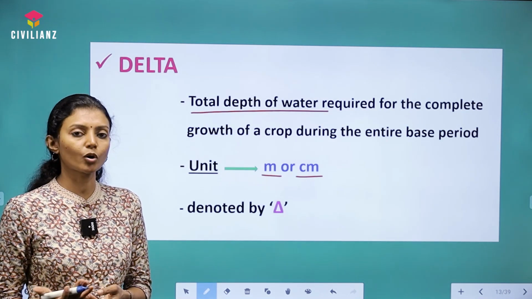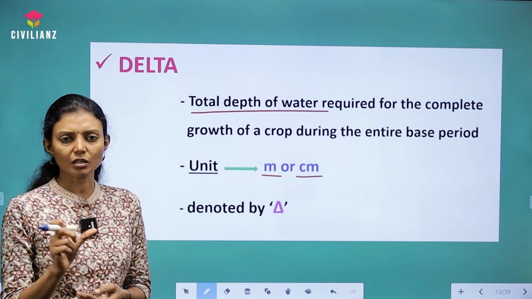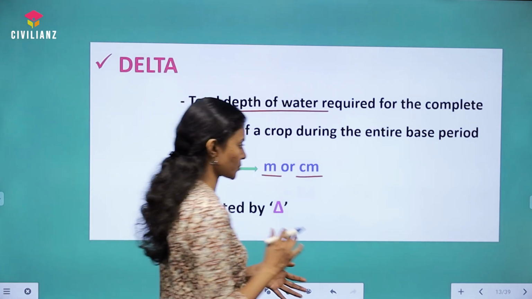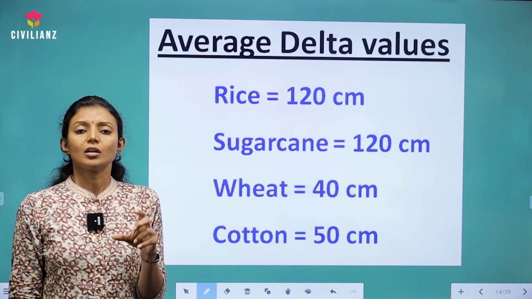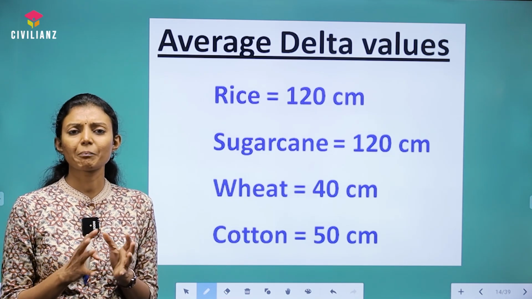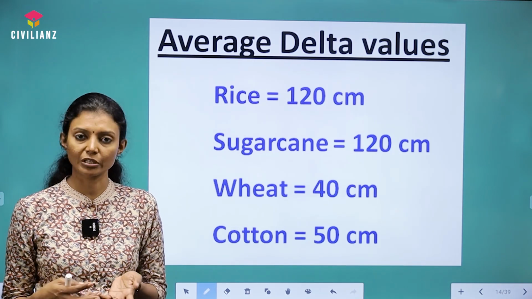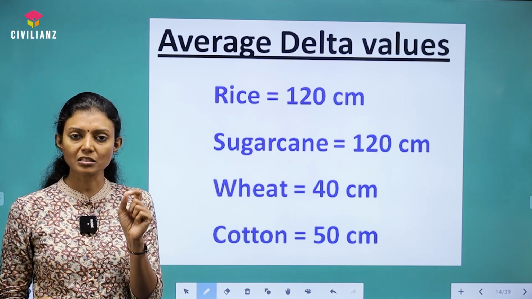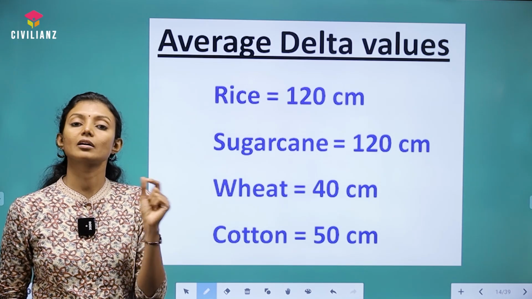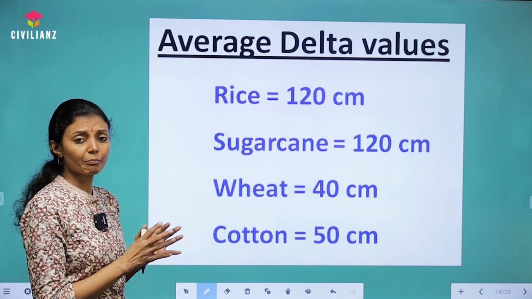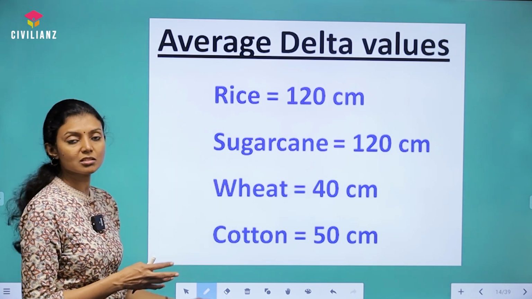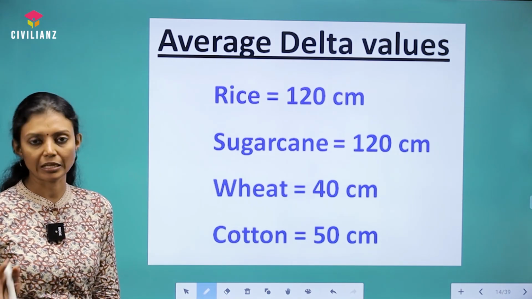And it's very important that we should know certain delta values for different crops. It was asked in the previous GATE examination also. You all know that there will be a pattern of questions like match the following in the GATE examination. So, delta of wheat was asked in a previous examination. You should know, as a bare minimum, at least these 4 values for delta.